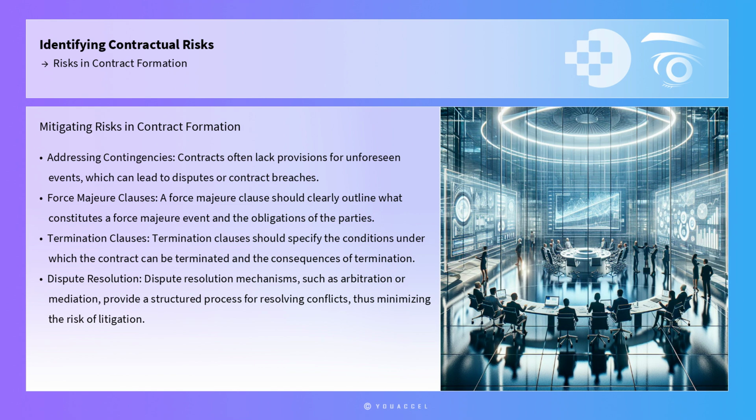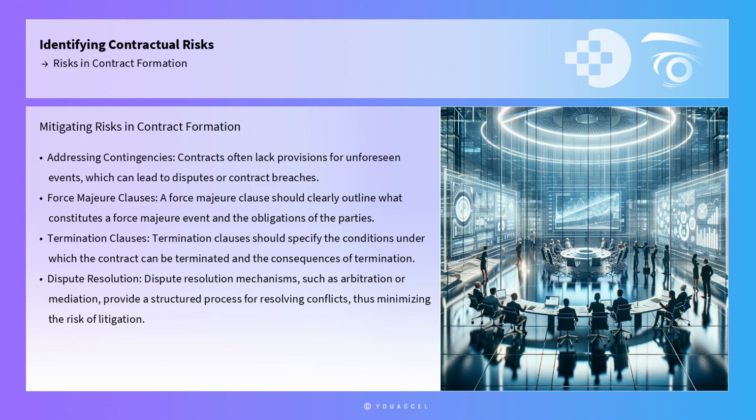Another significant risk in contract formation is the failure to adequately address contingencies. Contracts often lack provisions for unforeseen events, which can lead to disputes or contract breaches. The inclusion of force majeure clauses, termination clauses, and dispute resolution mechanisms are practical tools to address this risk. A force majeure clause should clearly outline what constitutes a force majeure event and the obligations of the parties in such circumstances.